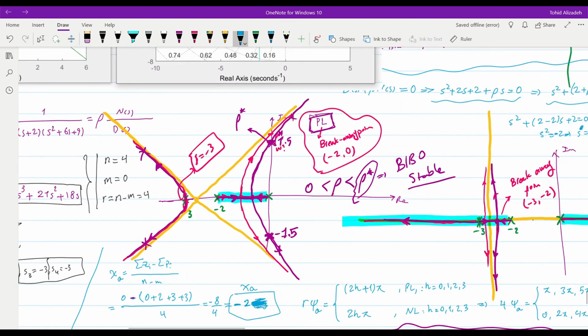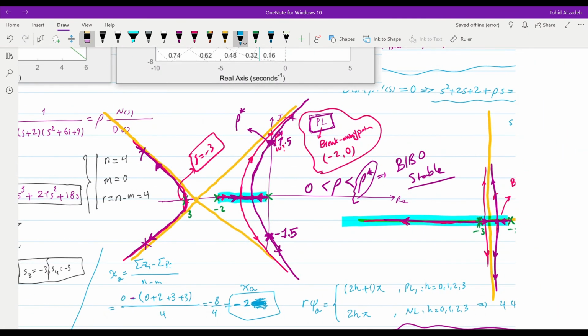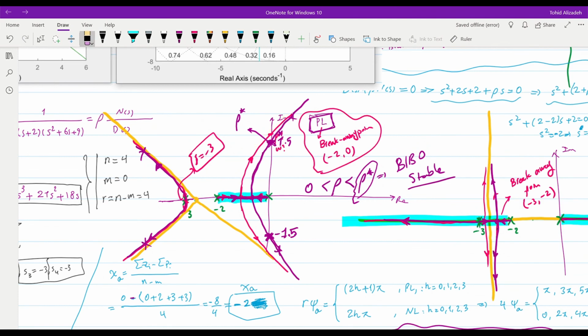You just need to update these by redrawing the asymptotes.